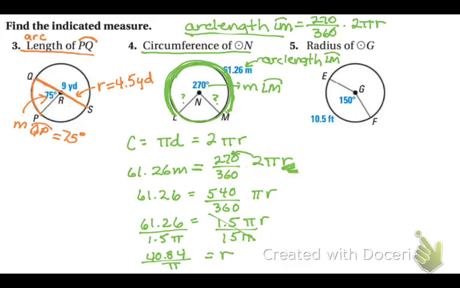Now you need to finish the problem. So now you have r, but you're not done yet, because remember our circumference is equal to pi d equals 2 pi r. So 2 pi r is equal to 2 pi.